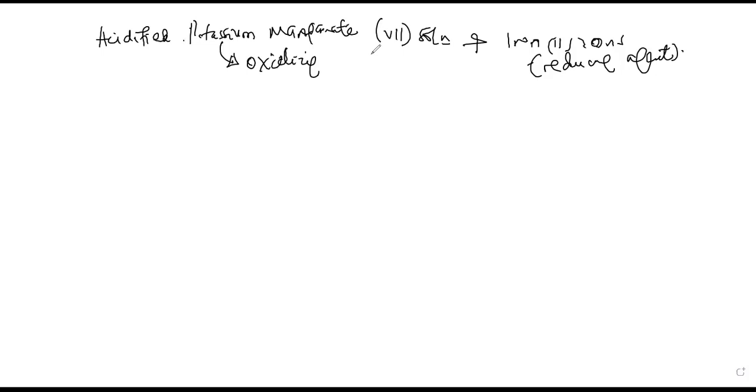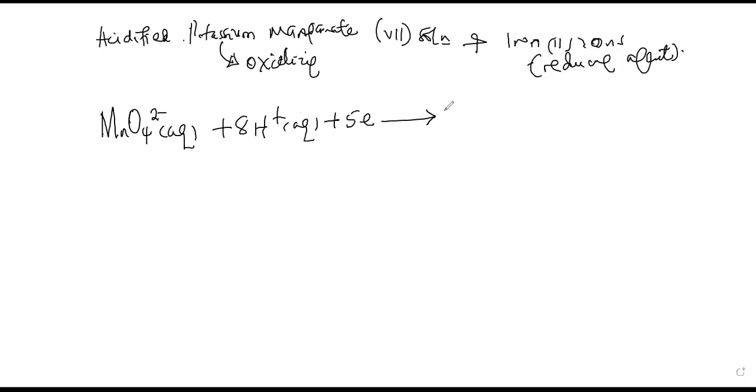For example, for potassium permanganate, one will write the half equation as MnO4- plus 8 H+, then we add 5 electrons to give manganese 2 and water.